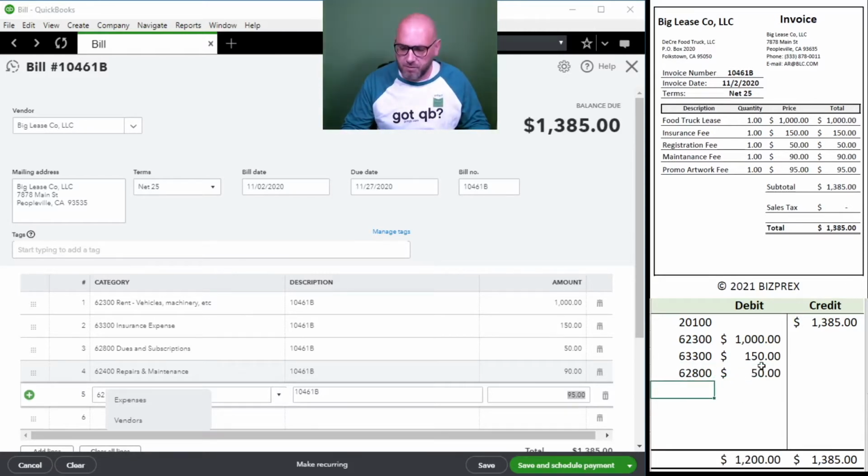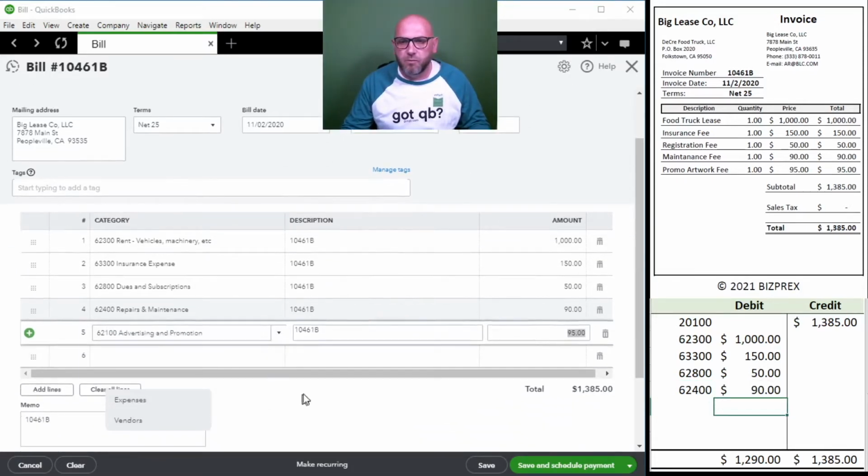Alright, what else? Alright. And there's one more. Okay, see they're in balance. Debits and credits are in balance right here, right? Accounts payable being a liability, it goes up when credited.